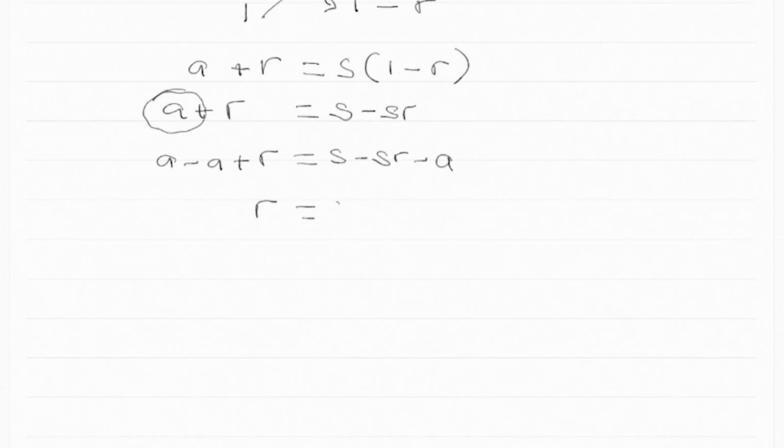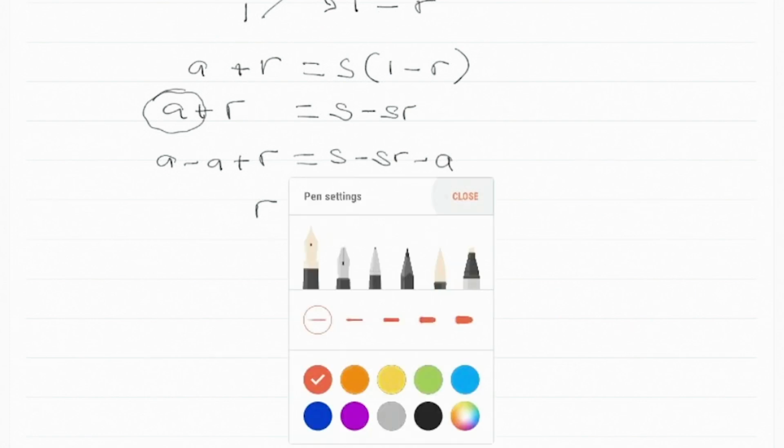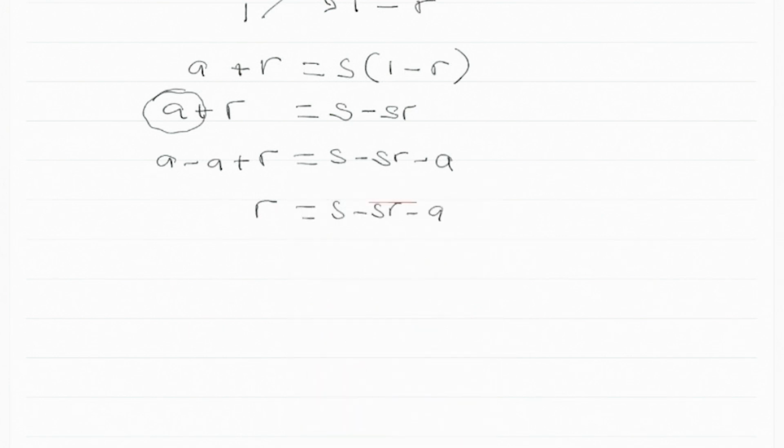And 0 plus R, we remain with R, is equal to S minus SR minus A. Now, you've seen that on the right-hand side, we still have SR. So this needs to be eliminated from this side, or it has to come to the left-hand side.